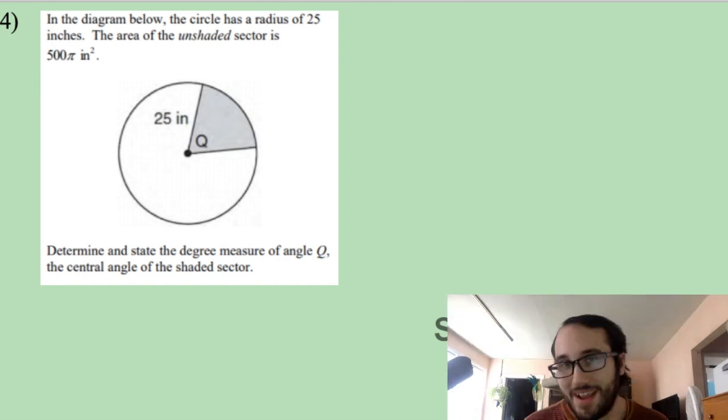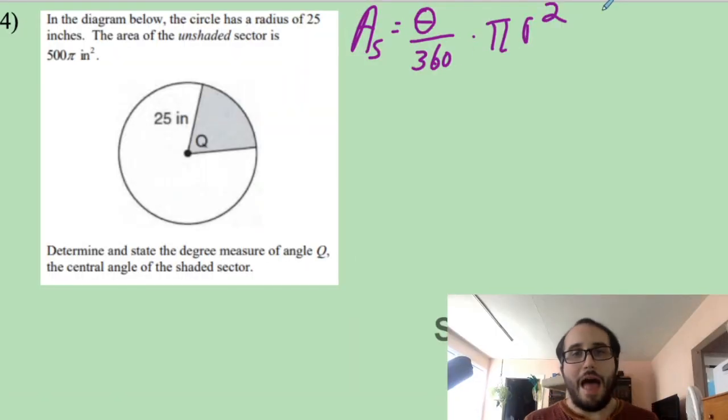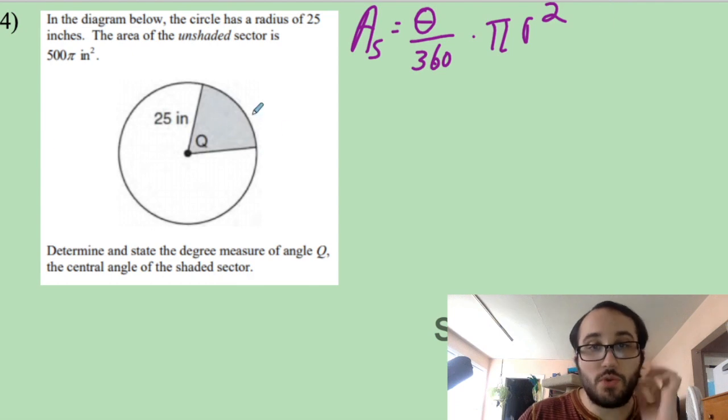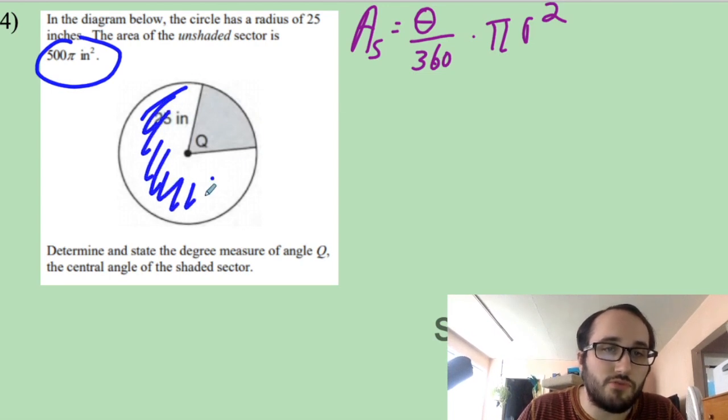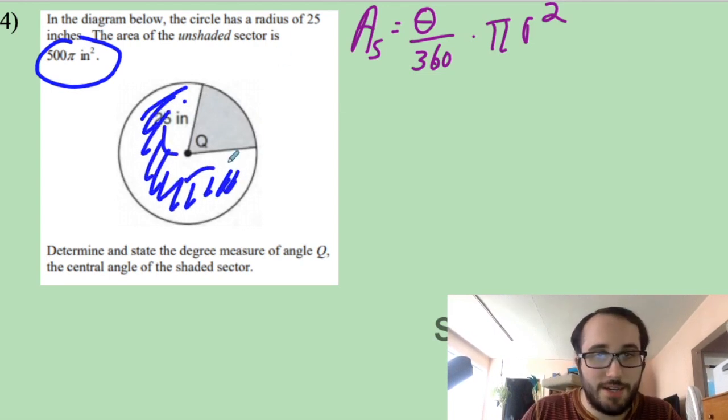Why don't we write the formula for area of a sector and see what we can do? And let's ask ourselves, what could we substitute in? We could substitute in the area of the sector, right? They give us that. That's the area of this blue region, the one that's not shaded in.